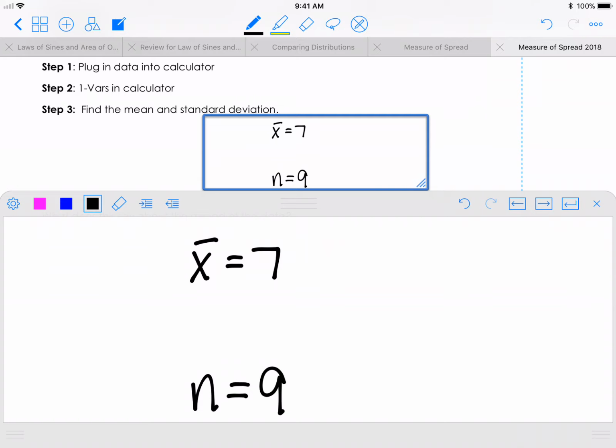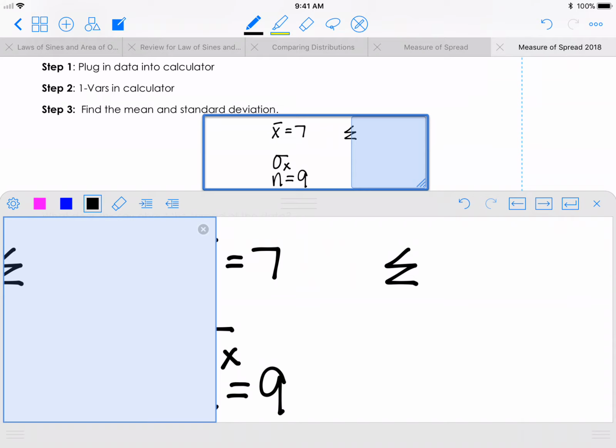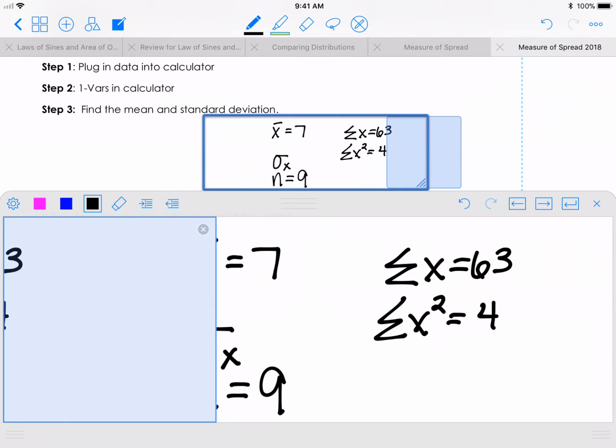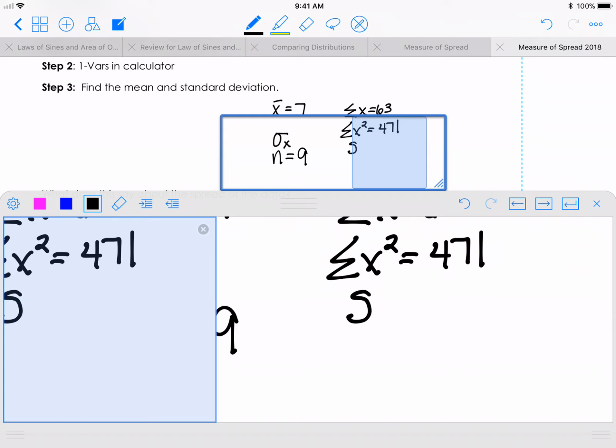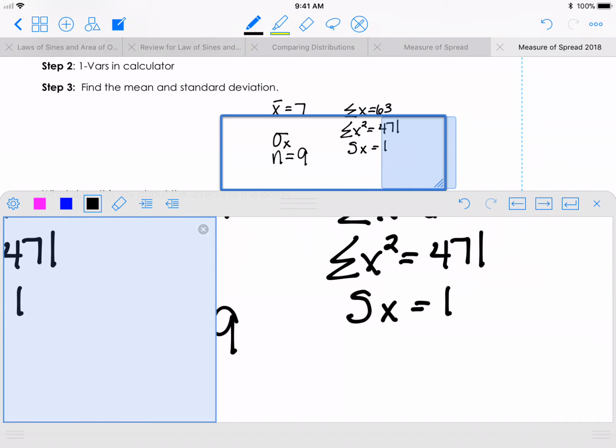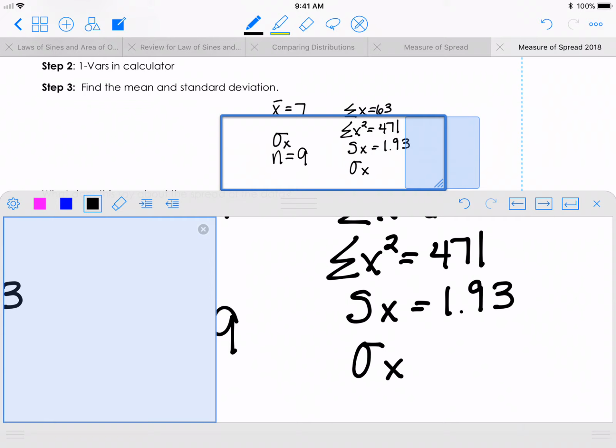Okay, so we're looking for sigma x. Do you guys see that on your calculator? I see a whole bunch of stuff. I see a big sigma x that says 63. I see a sigma x squared that says 471. I also see on my calculator Sx is equal to 1.93, and then I see σx, which is equal to 1.8257, blah, blah, blah.